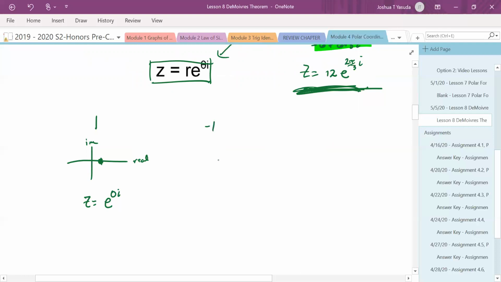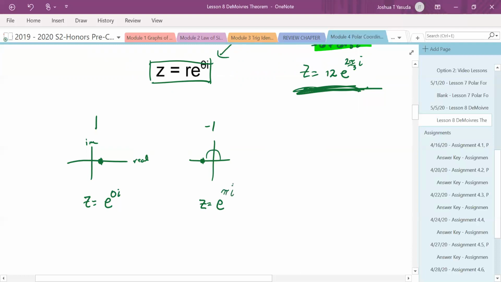The number -1 is always a fun one because it gets used a bunch. So -1 would be right here on the real axis. And you say, okay, what's the radius? The radius is still 1. And then e, and then what's the angle? Well, the angle goes like that, so that'd be pi.